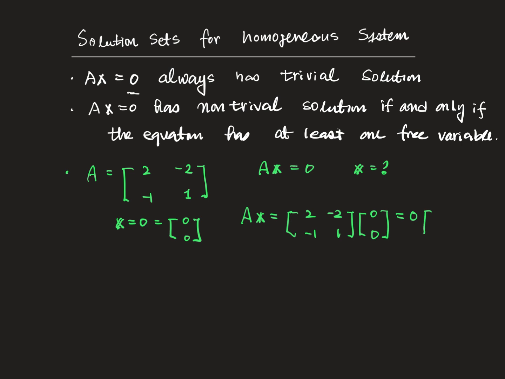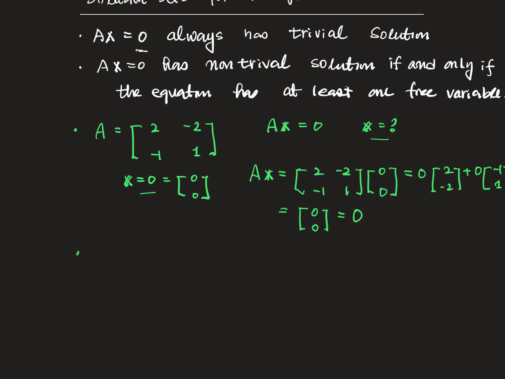This gives 0, 2, negative 2, 0, negative 1, and 1, which means 0 and 0. So that's the zero vector. So x equals 0 is always a solution of the matrix equation Ax equals 0. That's the trivial solution.